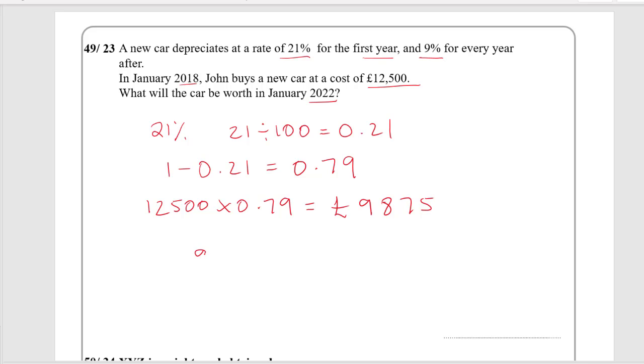So we're going to multiply 9,875, the value of the car that is remaining, by the multiplier for 9% depreciation. So let's do a little bit of calculation here. So 9%, the multiplier is 0.09. So 1 take away 0.09.